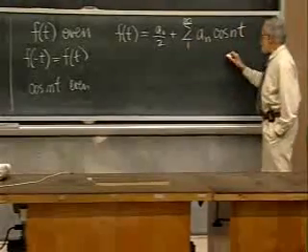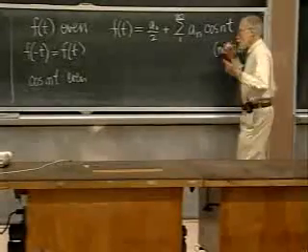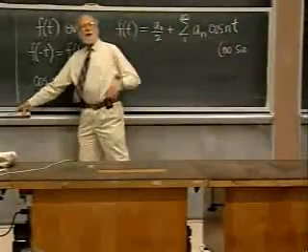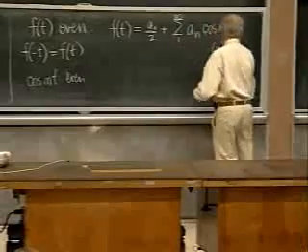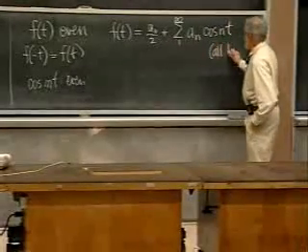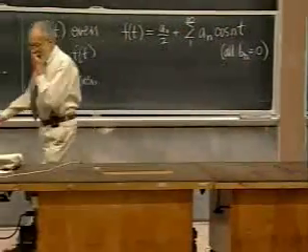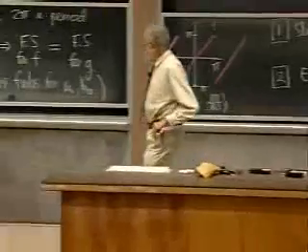There are no sine terms, or let's put it positively, all the b_n's are 0. Now, one way of doing this would be to say, why are the b_n's 0?